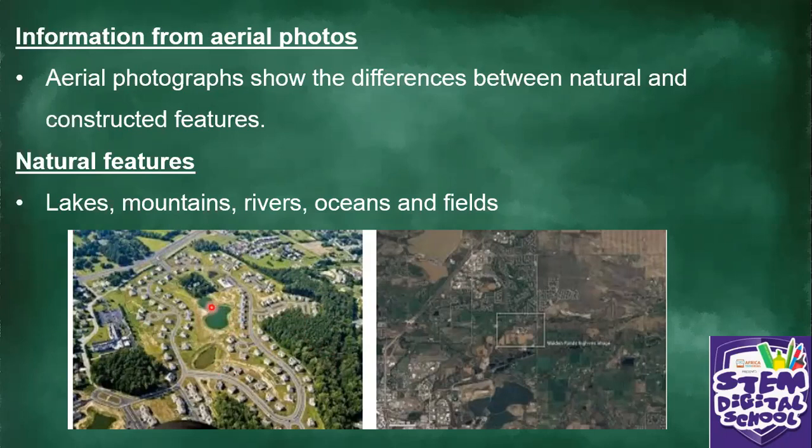We can see this, it's like a lake here. So we just see the trees and this lake. Those are the two natural features we can see from this picture.